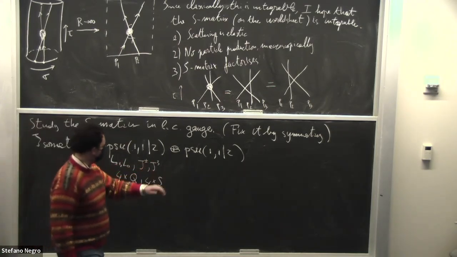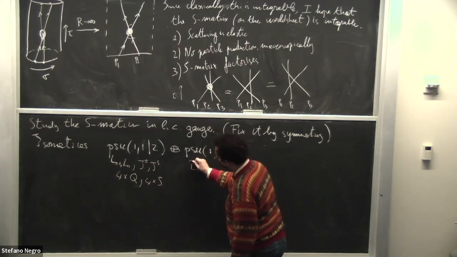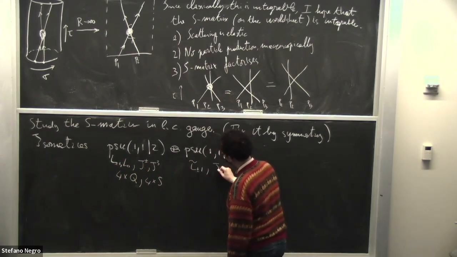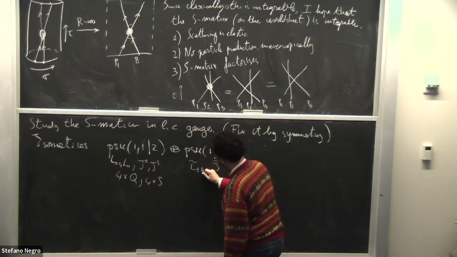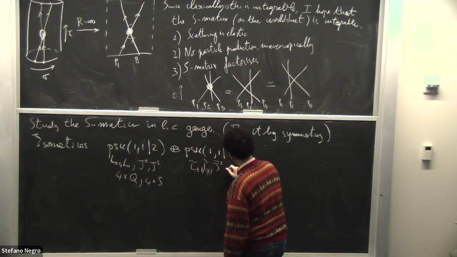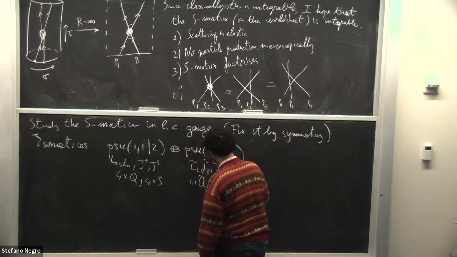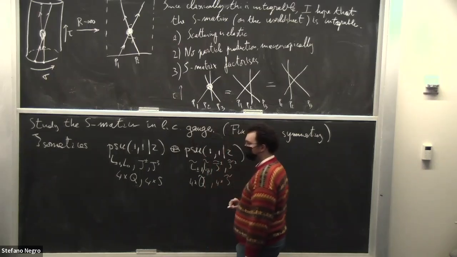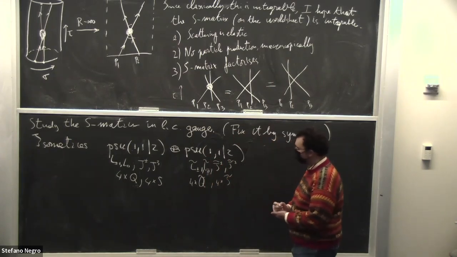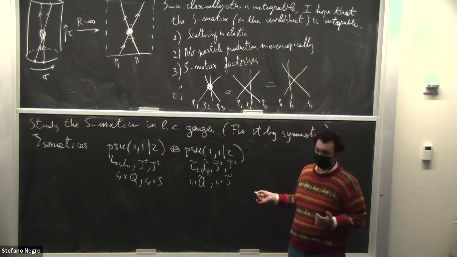And in the right, or in the other copy, you have exactly the same thing, only that I will always call them with tildes: L0 tilde, L plus minus tilde, J3 tilde, and 4 tildes, and 4 tildes. But of course, when you fix light cone gauge, some of these you lose, right?